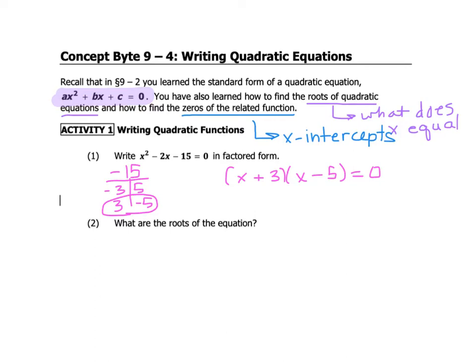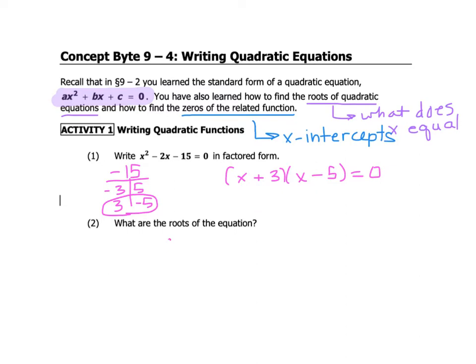Now we can go to question 2, which says what are the roots of the equation? Remember from up above in purple, this is what x equals. If you recall the zero product property, this factor times this factor equals 0 means that either this factor equals 0 or this factor equals 0. So we're going to set both equal to 0 and solve.